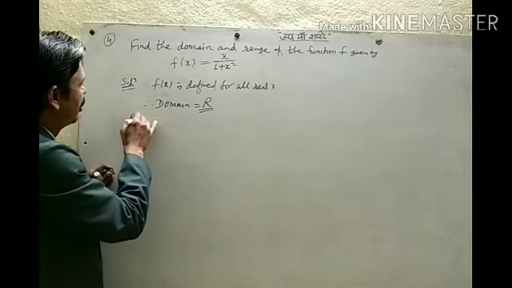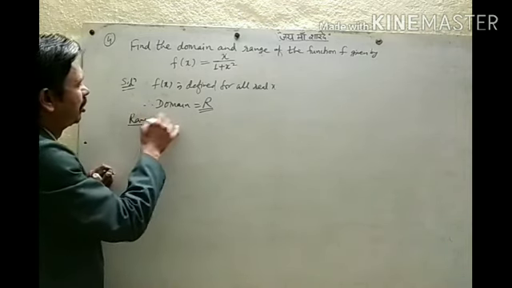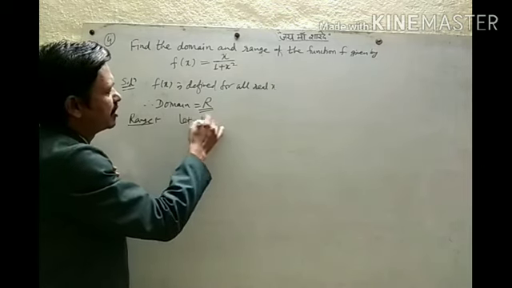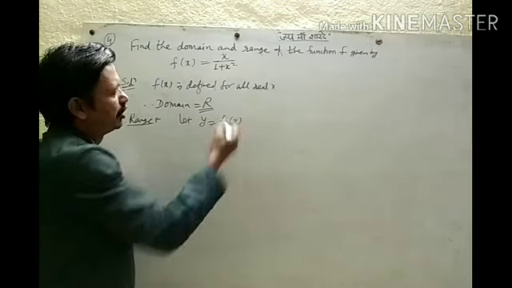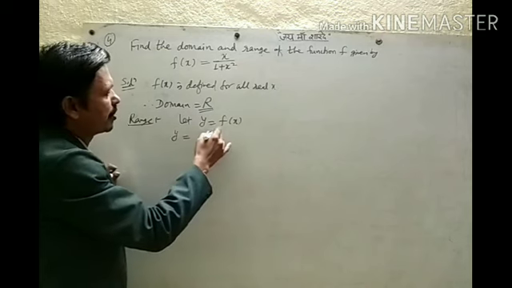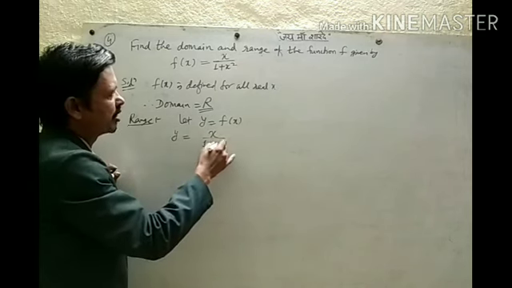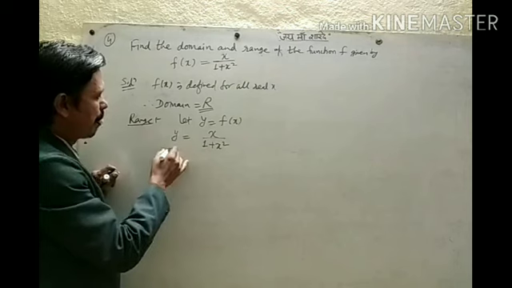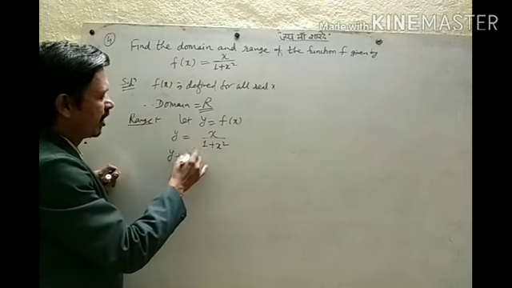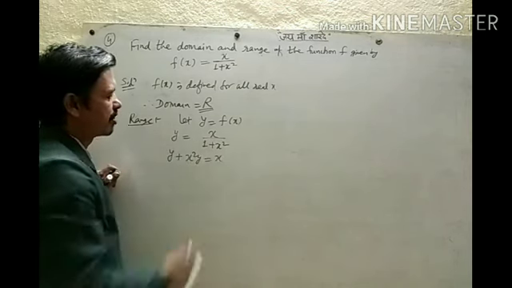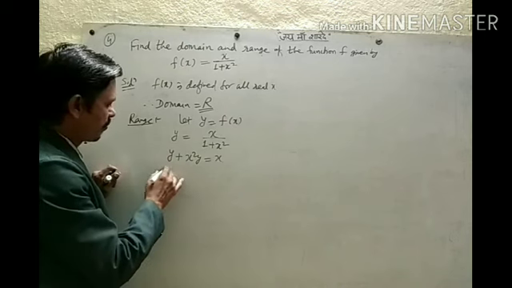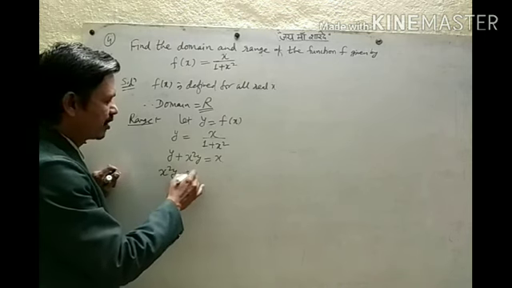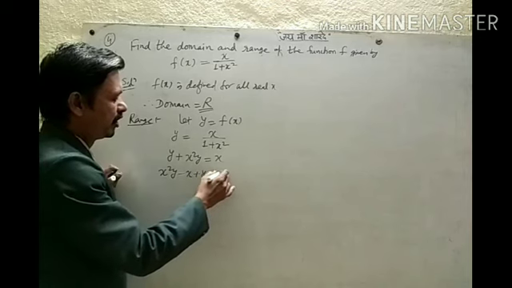Now for range, let y be f(x), which means y equal to x upon 1 plus x square. This gives y plus x square y equal to x. Bring x to this side: x square y minus x plus y equal to 0.